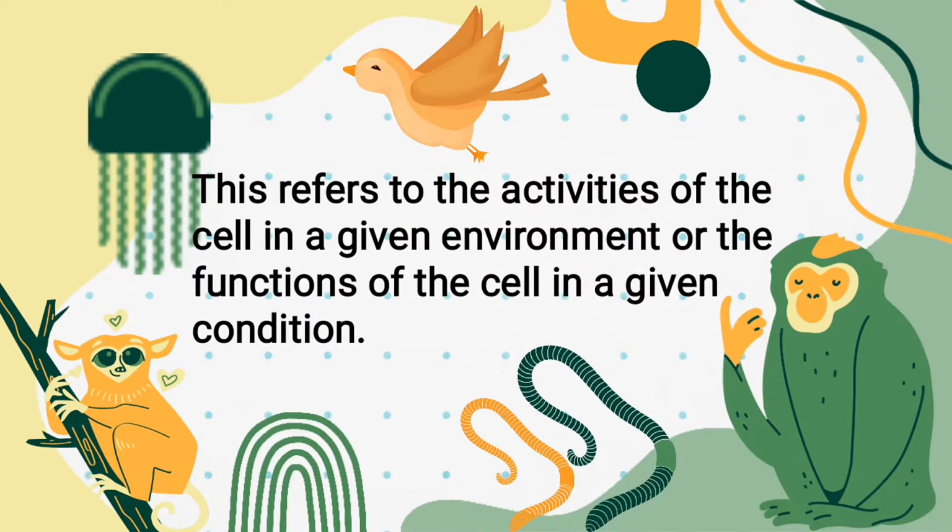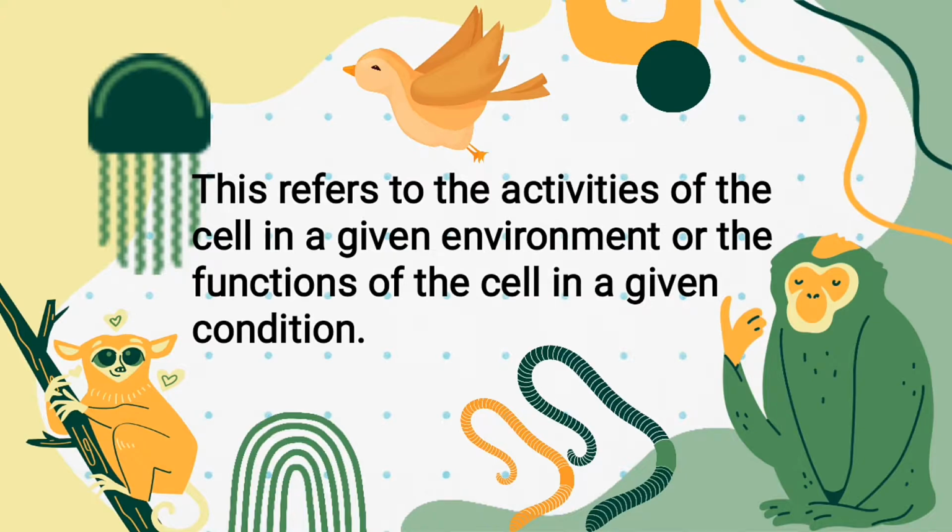This refers to the activities of the cell in a given environment, or the functions of the cell in a given condition. In every environment, there are some activities that a cell must perform.